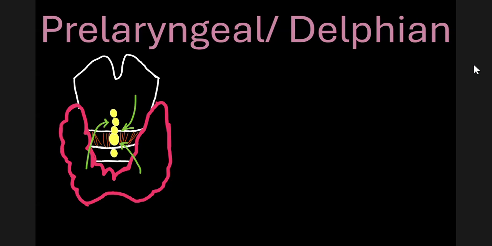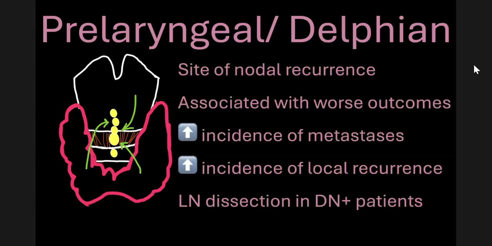Delphian lymph nodes basically drain the larynx and the thyroid, so they can be seen with thyroid and laryngeal malignancies. And they drain out into the lateral cervical lymph nodes. So why are these lymph nodes important? These other lymph nodes can become sites for nodal metastasis in head and neck cancer, but the circumstances for their involvement is usually unusual.